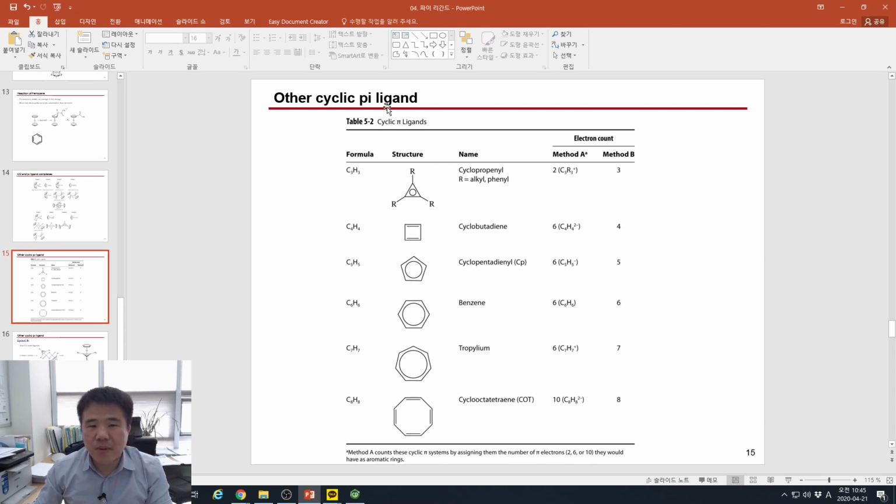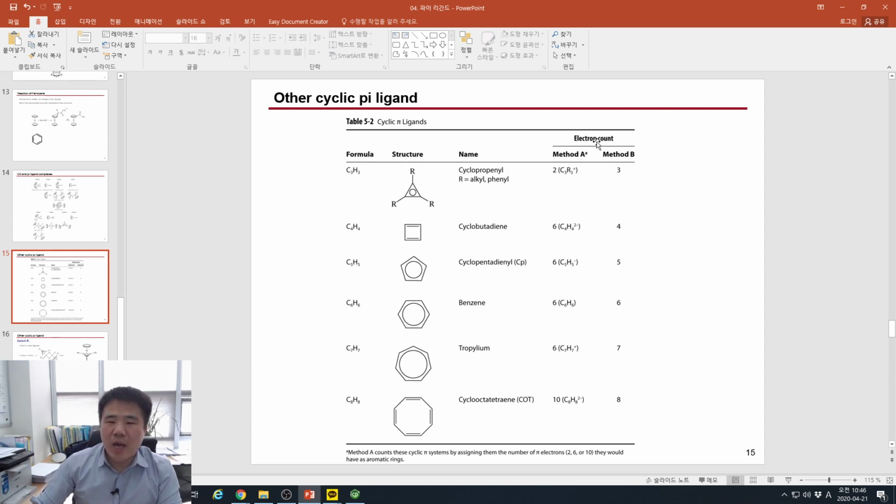Okay, cyclic Cp. The first is cyclopropane, but in this case you need to think of it as a cation. Cyclobutadiene, like this.